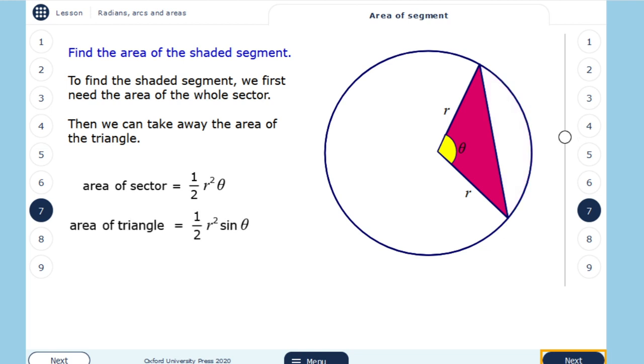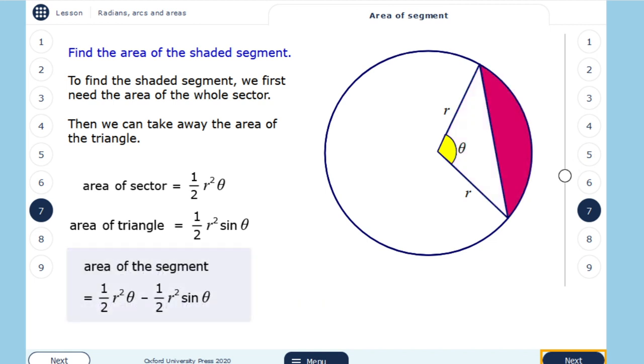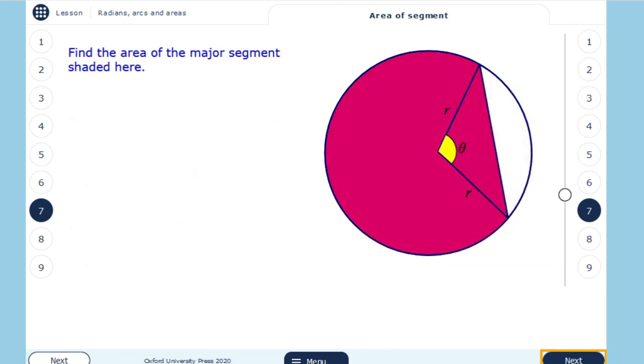The area of a triangle is 1 over 2 times a, which is r, times b, which is r, times the sine of theta, the included angle. This comes from the formula we have seen. So the area of the segment will be 1 over 2 r squared theta minus 1 over 2 r squared sine theta.